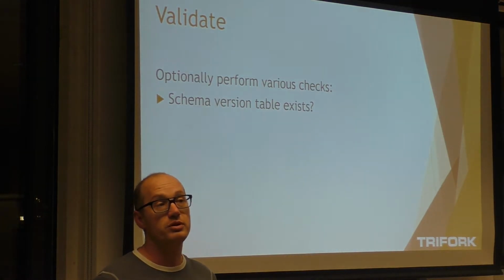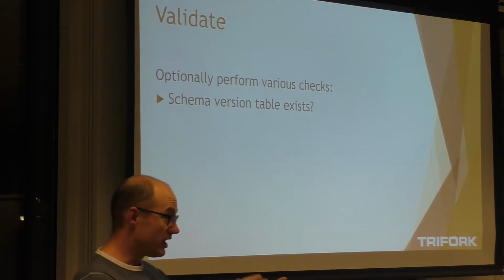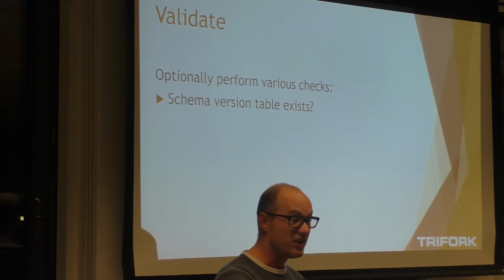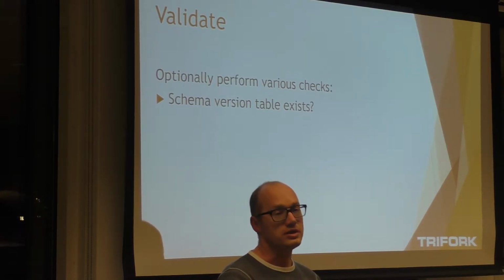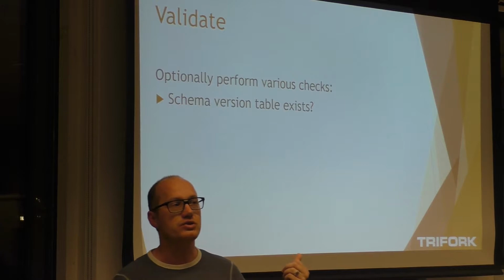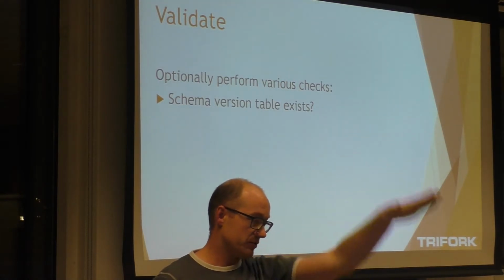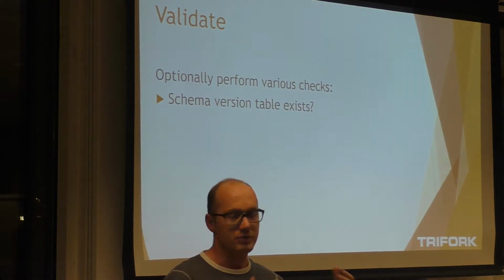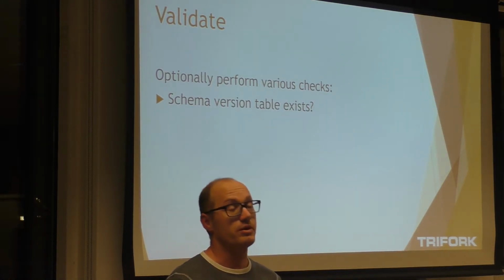And if it's missing, it could be because of 2 reasons. Your entire database schema might be empty, so you're running against an empty database. There is nothing in there, no tables whatsoever. In that case, Flyway will automatically create its own schema version table, and then it will start to apply all of the migrations that are available in order. Because you're starting with an empty database, apparently you want it populated.